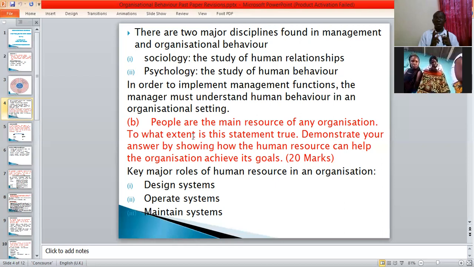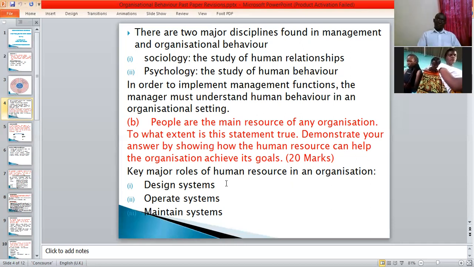I don't know if you have gotten the concept. How human resource can help the organization achieve its goals. Now, you should look at it from these three angles, the major roles of human resource in an organization. So whether you are using a computerized system, you cannot do away with human beings.